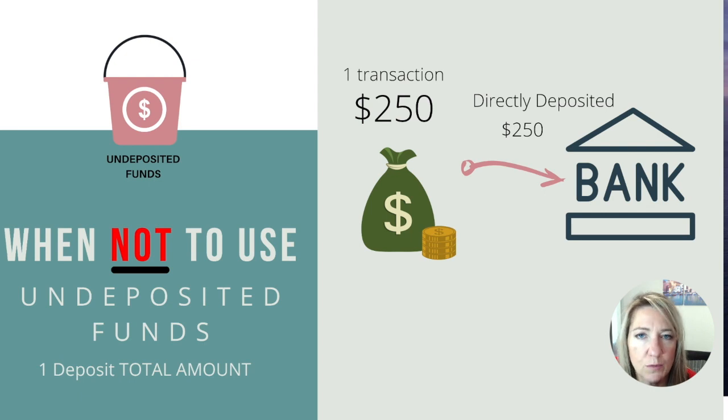Now, if there's some merchant fees subtracted from it, you'll have to deal with that by adding a little entry to account for those merchant fees. But let's just say you sent an invoice to someone for a service that you rendered and it was $250 and they paid either with a credit card that went straight to your bank or an ACH payment or through your QuickBooks accounting system, one for one transaction where the transaction amount equals the bank deposit amount that your bank recognizes.